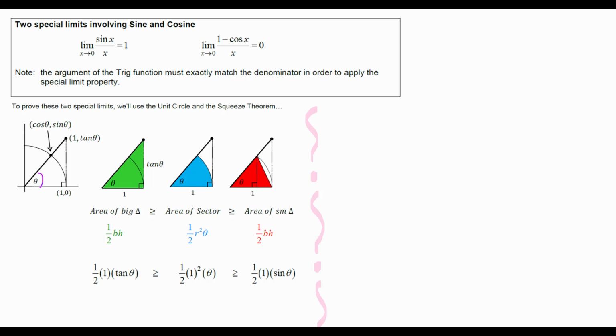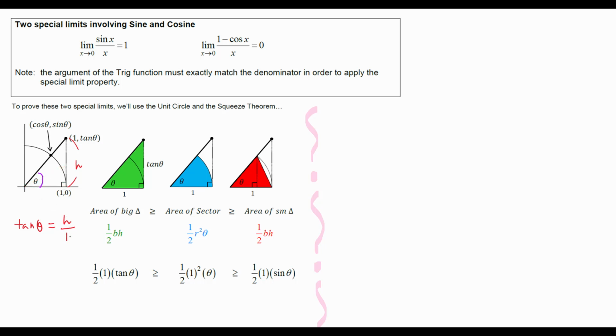First, the area of the largest triangle is 1/2 times base times height. The base is 1 since it is a unit circle. I don't know the height, but if you call it h, the tangent of theta is opposite over adjacent, and opposite is h and adjacent is length 1.